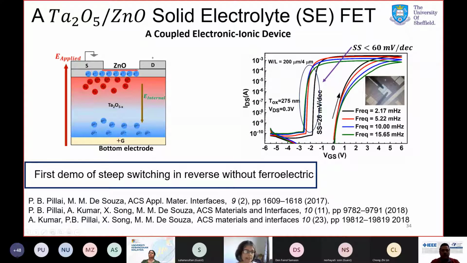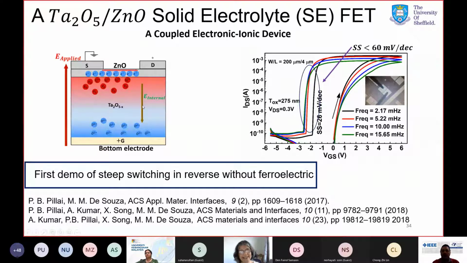And you don't even need a ferroelectric to give the steep switching, because we have shown a solid electrolyte FET where we have a very thick insulator. This is not a ferroelectric material, but inside this material, we've got oxygen ions and vacancies. And by applying an electric field, we can separate them out at the two interfaces.